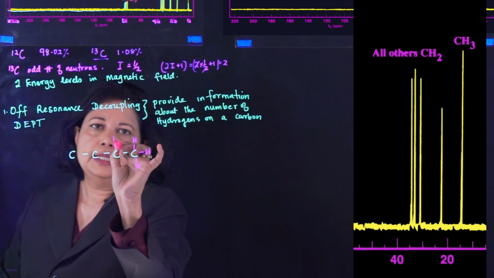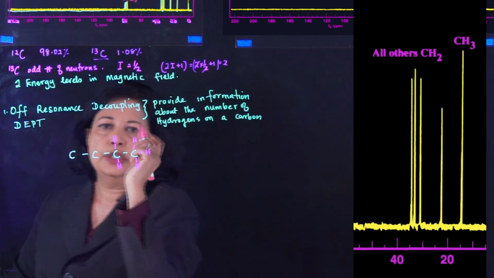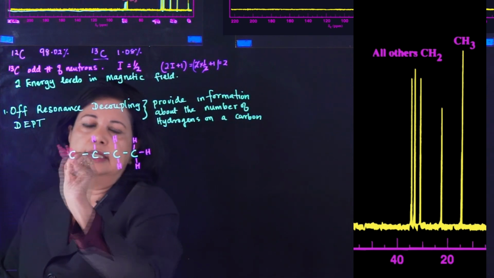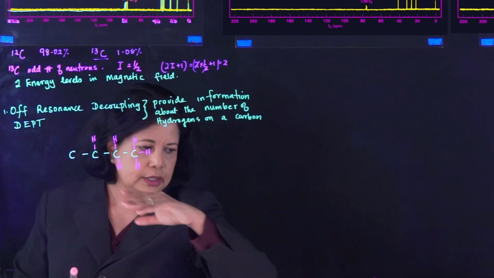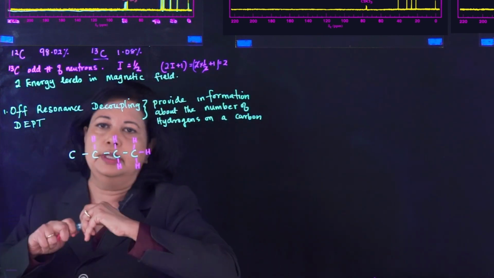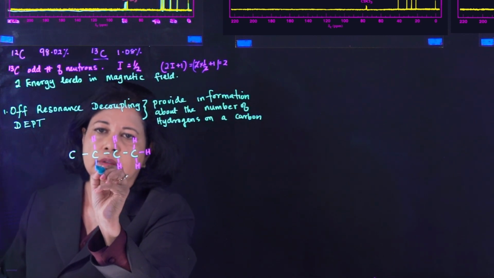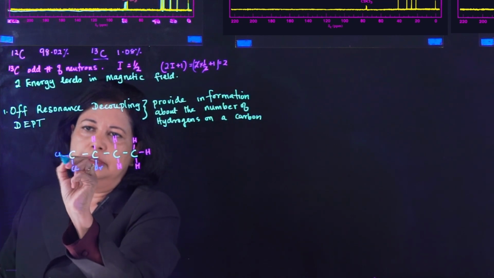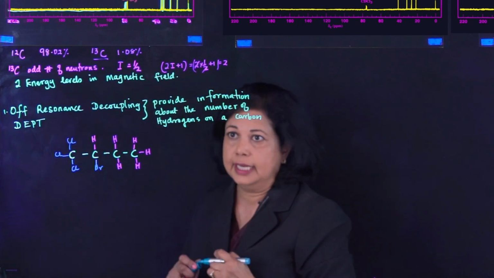The other one is a secondary with 2 hydrogens. The other one is a tertiary with 1 hydrogen, and this has a quaternary, let's say, with no hydrogens, or it has got other 3 groups on it. So let's say we have a bromine or a chlorine here, and 3 chlorines here. Could be anything that doesn't have hydrogens.